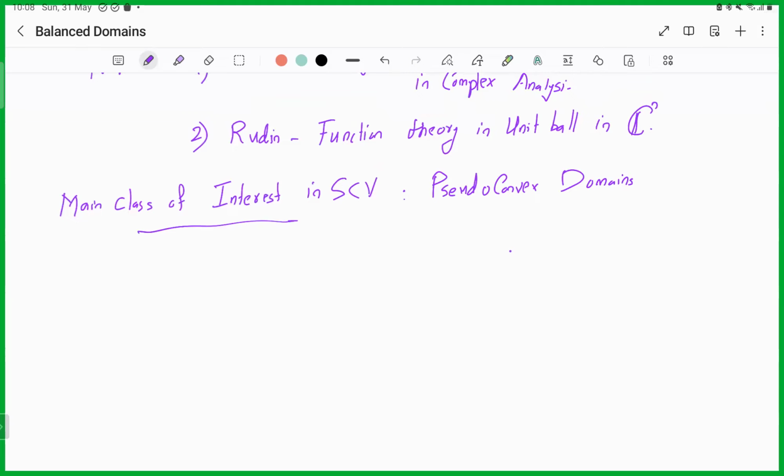So, what are the simplest examples of pseudoconvex domains?